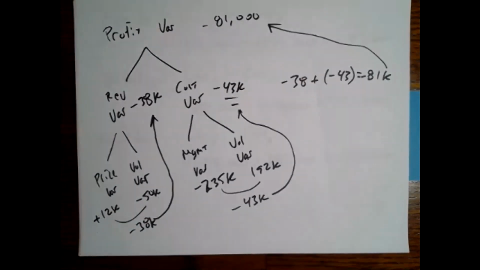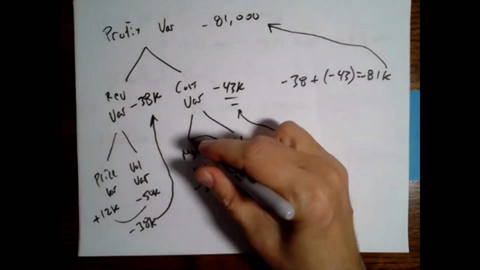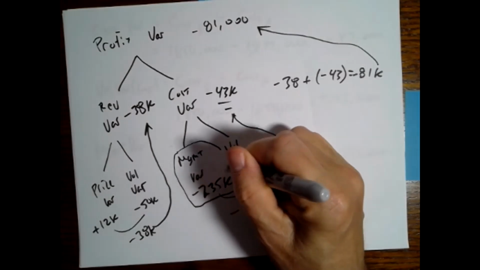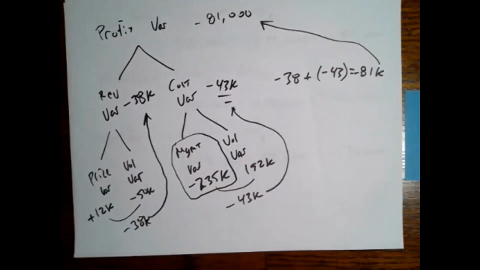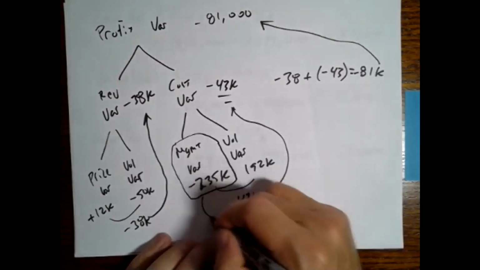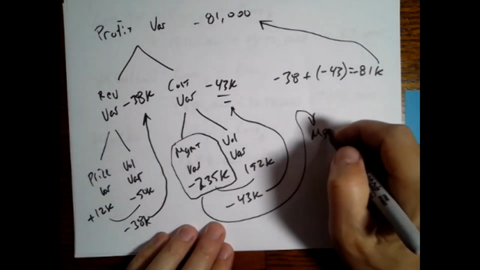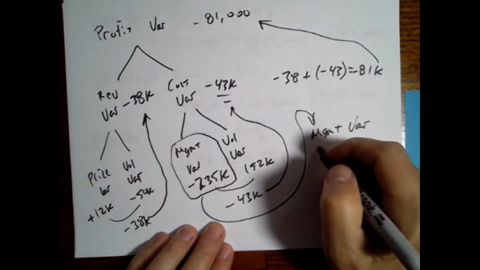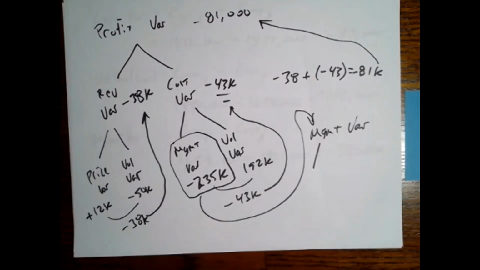Part E asks us now to decompose our management variance into three subordinate parts. To get your information on this, go to page 293.